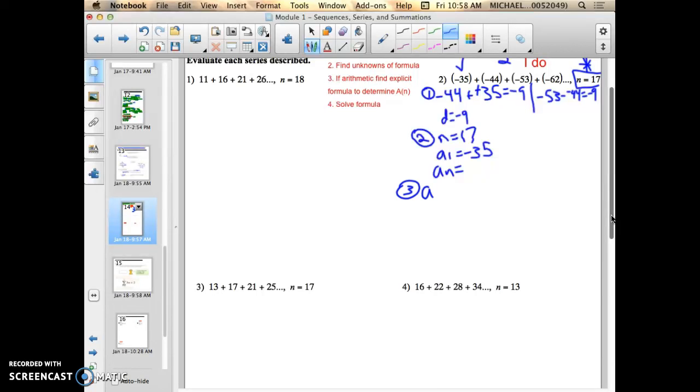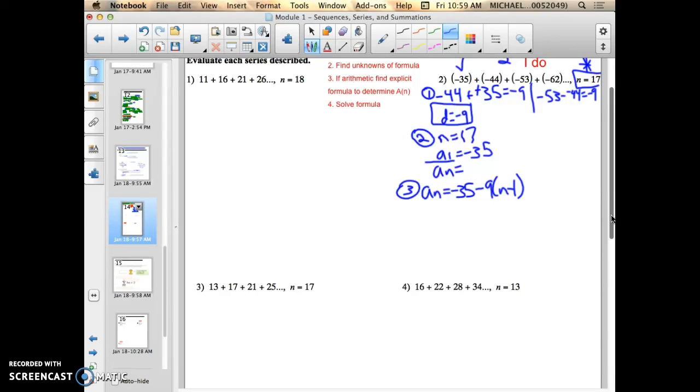Way back in earlier learning in this module, a sub n, again the parent function for the explicit formula of an arithmetic sequence, is a sub n equals a sub 1, which in this case is negative 35, I found right there, plus my common difference, which I found over here. But again, the difference is negative, so I'm going to subtract my difference, minus 9 times n minus 1.